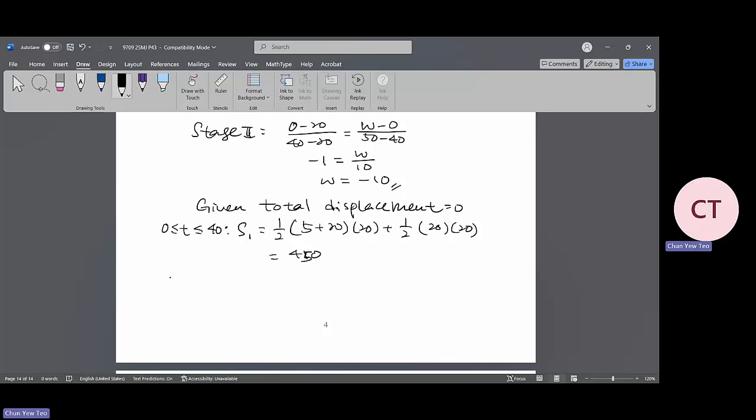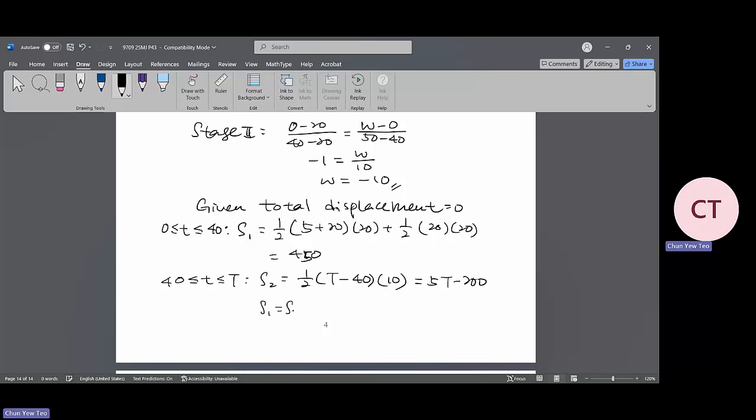Then for 40 to t, your S2 is equal to the half times the base times the height. So you will get 5t minus 200.